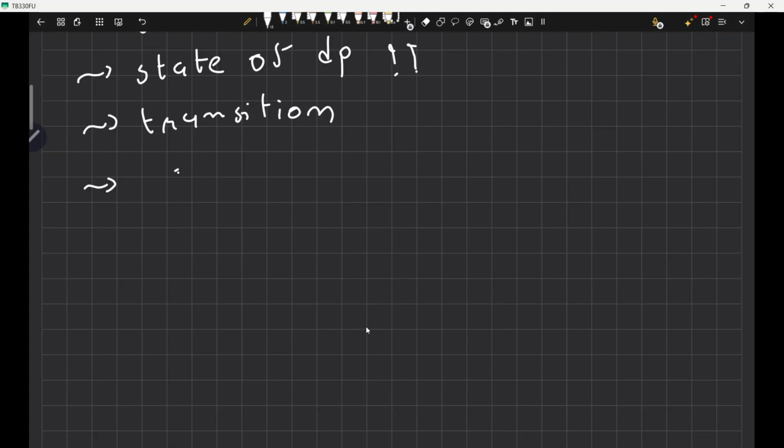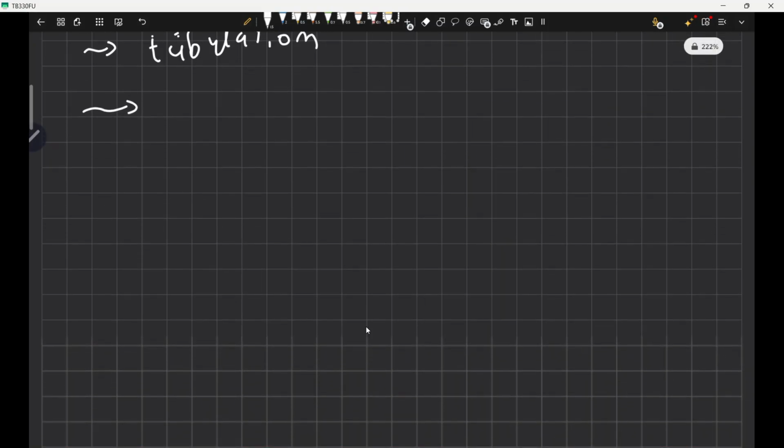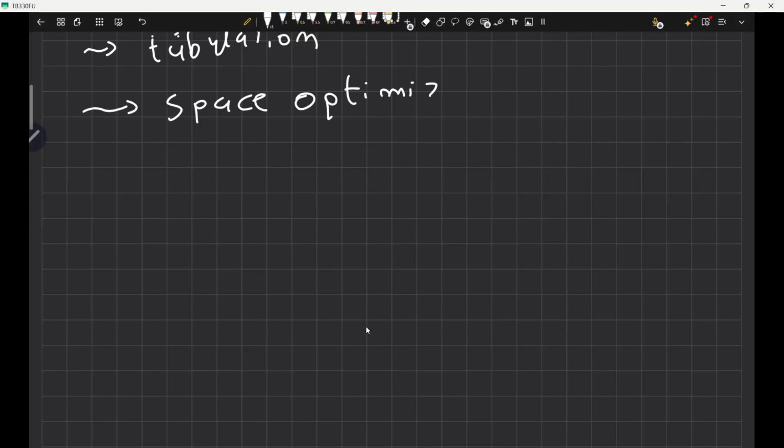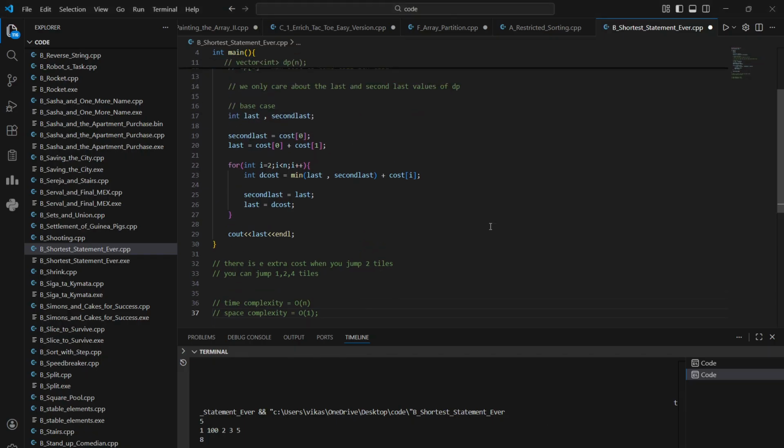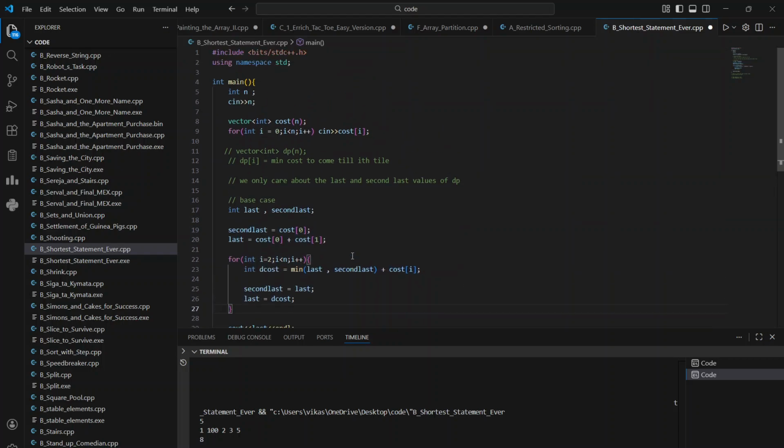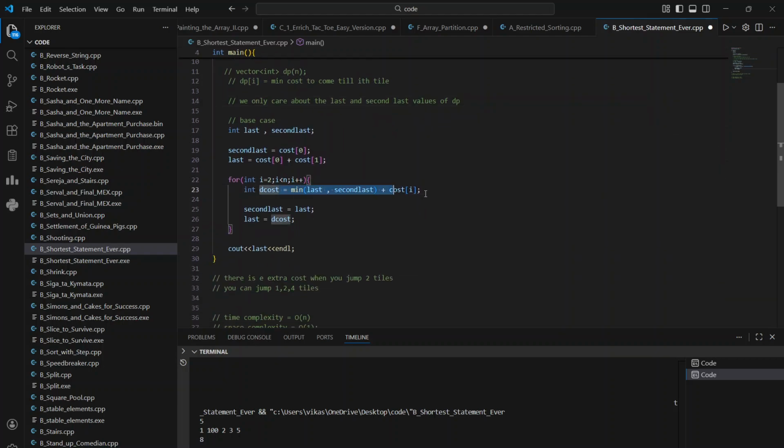But if you do the tabulation way, just try to have this tabulation way every time, and after this tabulation way you can space optimize it, right? Like we just solved this question with optimized space. If you use the recursion way, you cannot optimize the space, so that's it.